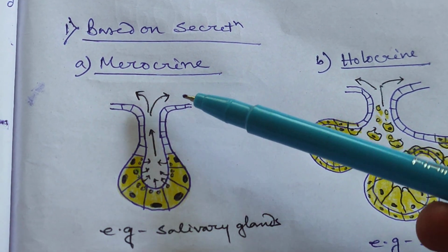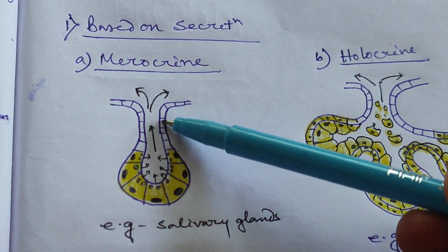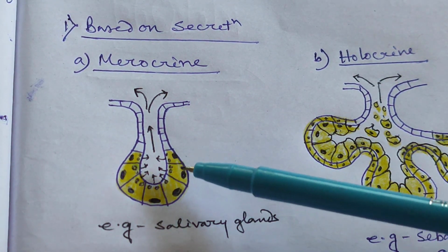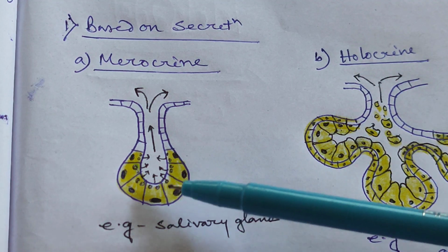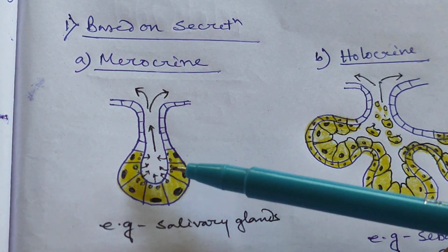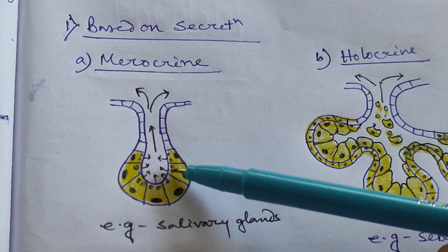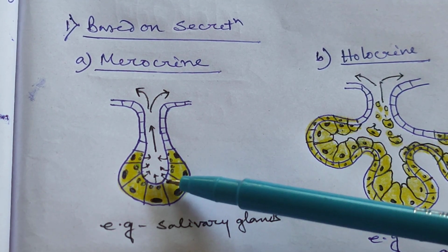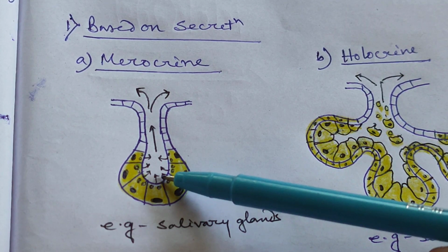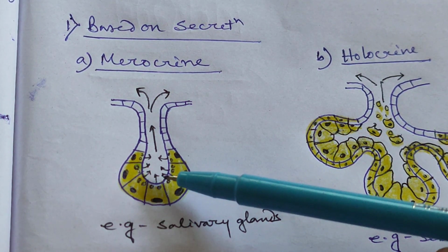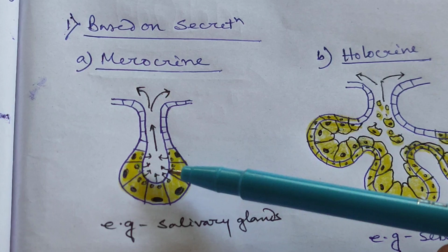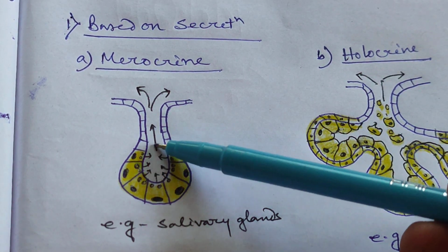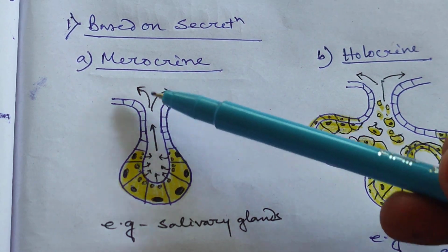We know that this white part is the ductal portion and this yellow part is the secretory portion, and in the secretory portion, this acinar part, the cells have secretory granules at their apical surface, and they secrete these secretory granules by exocytosis, and then the secretion goes through the duct and opens outside.